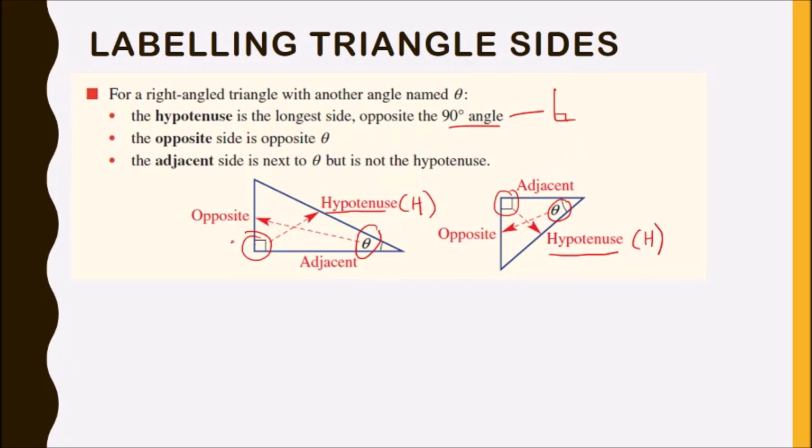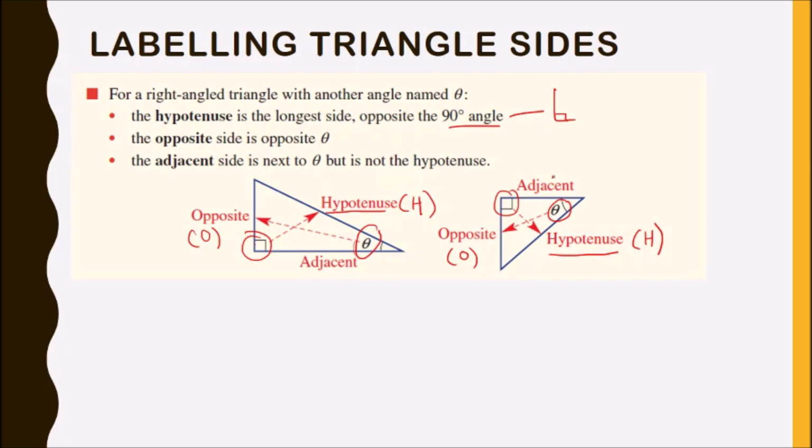Now if you have a look, it says the opposite side is opposite the theta angle. So here's a theta. So opposite that is the side called opposite, denoted by O. So here's the angle, not the right angle, the other angle, and that's denoted by O because it's the opposite as shown by the arrow.